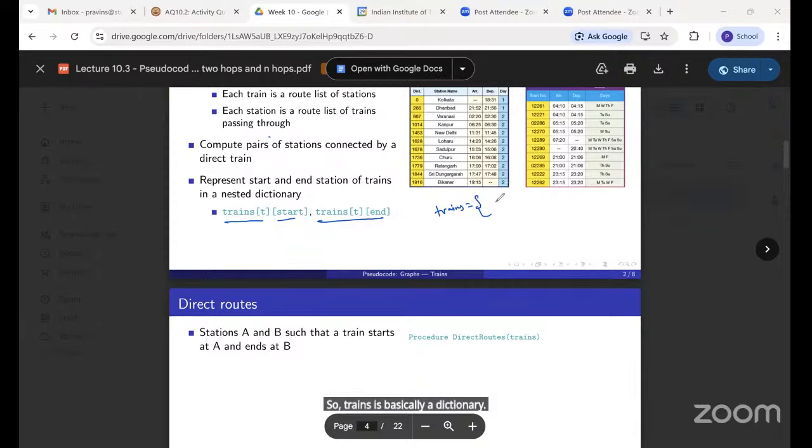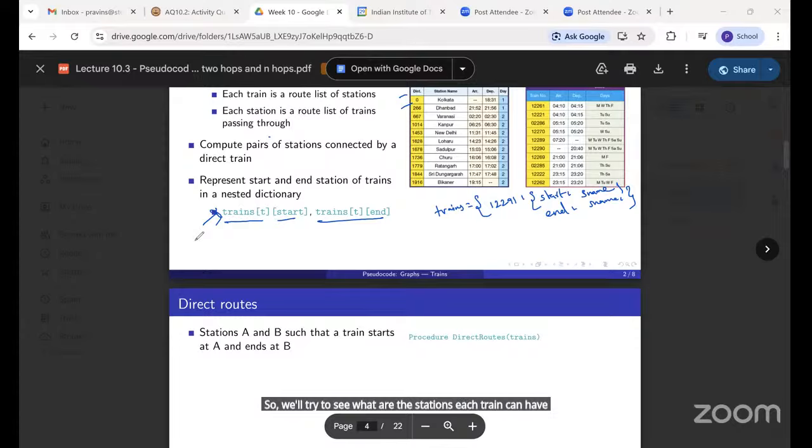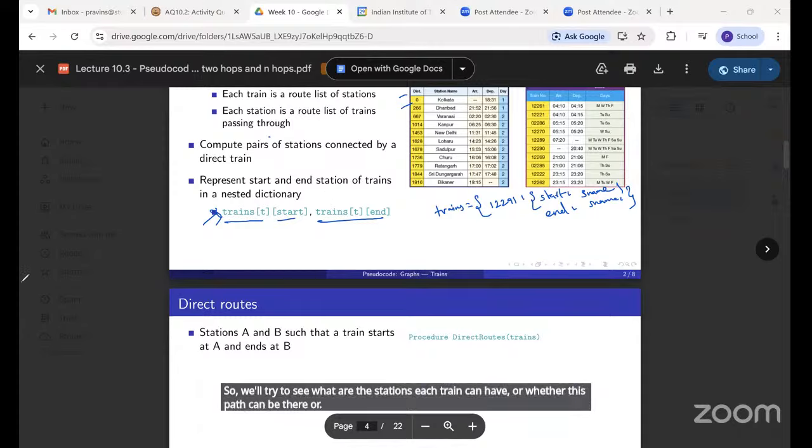Each train dictionary will have a number like 1291, which is the key. And this will have start, which will have the station name, and end, which will have a station name. Assuming this is the dictionary structure, we'll try to see what stations each train can have, or whether a path can exist.